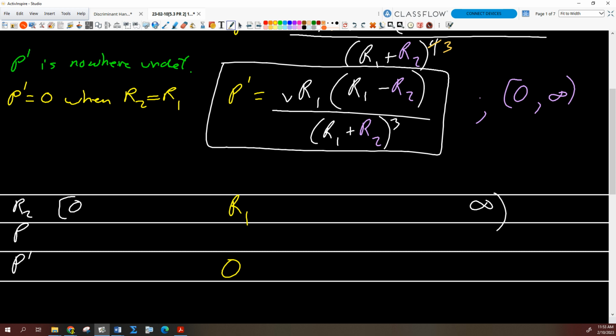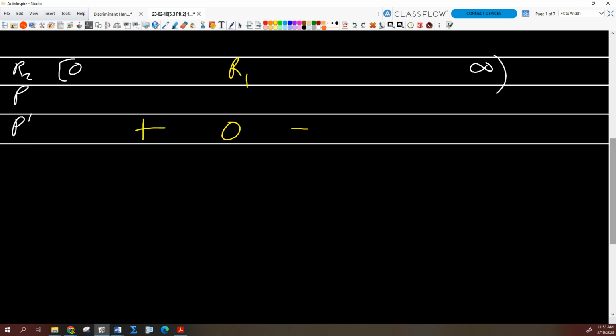If R2 is greater than R1, what sign would the derivative have? It'd be negative, wouldn't it? Because then I'd get a negative value from that. Everybody see that? So up here, we know we're going to get negative derivatives. For values of R2 less than R1, that difference is going to be positive. And so what do we got? That's a maximum, isn't it?